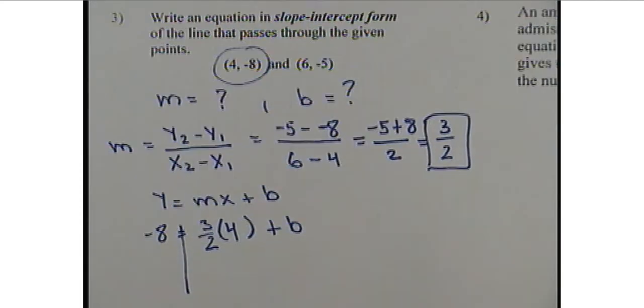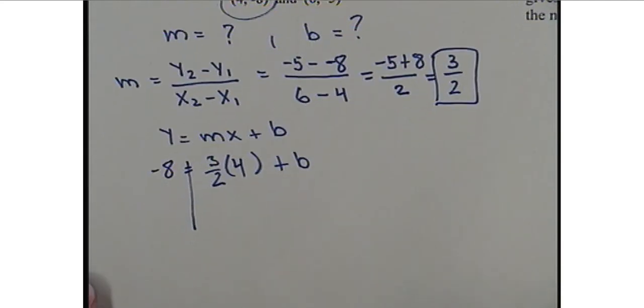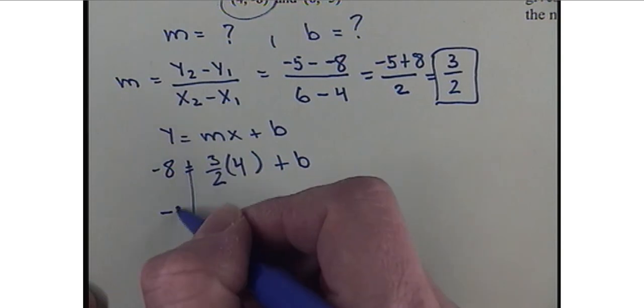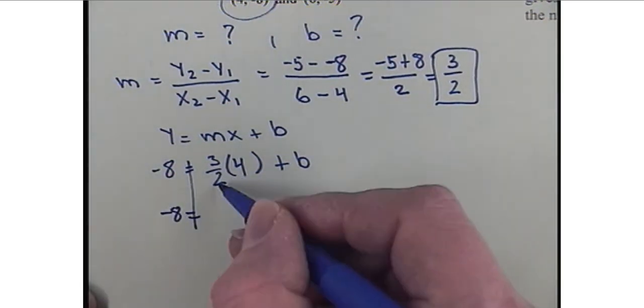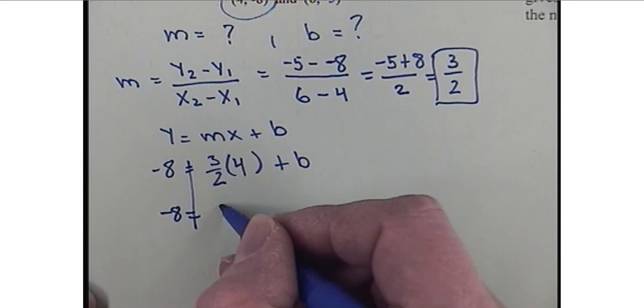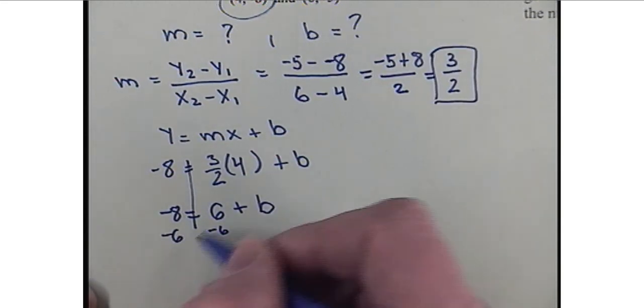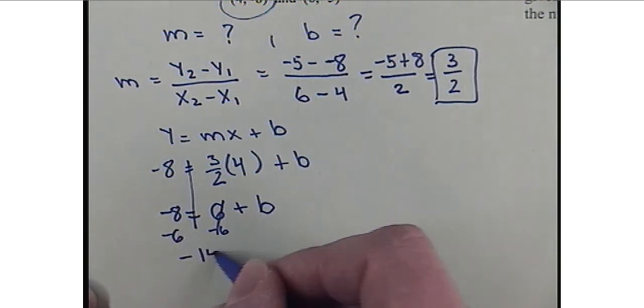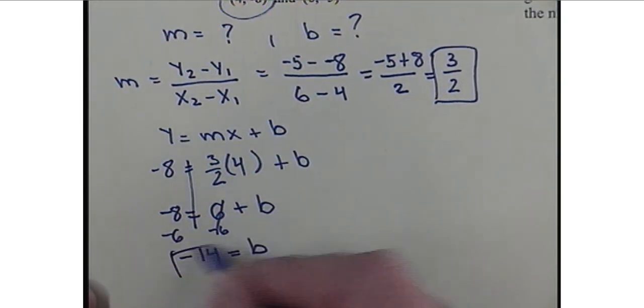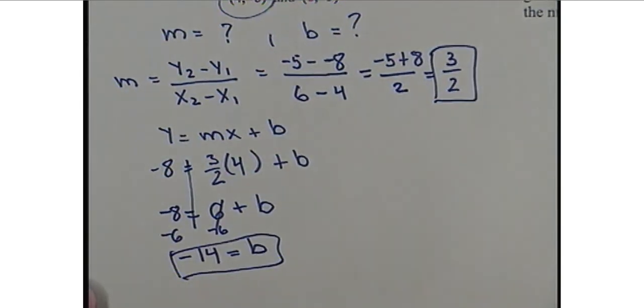So we're going to finish solving that equation for b. Negative 8 is equal to 3 over 2 times 4 will give us positive 6 plus b. Subtract 6 from both sides, so negative 14 equals b will be my answer for y-intercept.